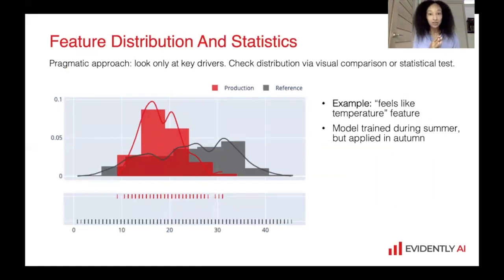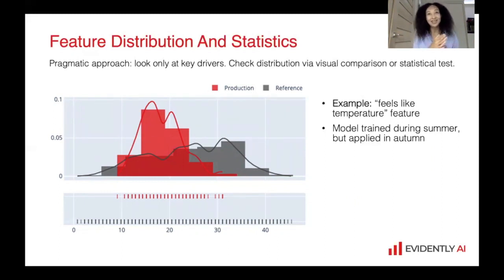So first is the feature distributions. For doing this, you need to have expectations on your distribution. So it's better to plot some distribution from your training phase and compare your feature distribution from production with this training one. You can do it with some statistics, because that's pretty handy, and I like statistical tests.